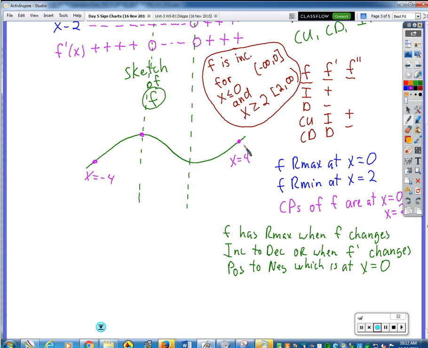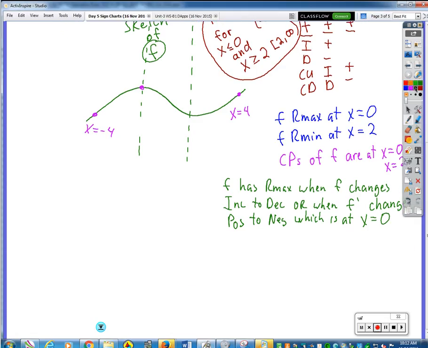Let's make some room here. So I find f, let's see, f has a max at x equal 0 or x equal 4.